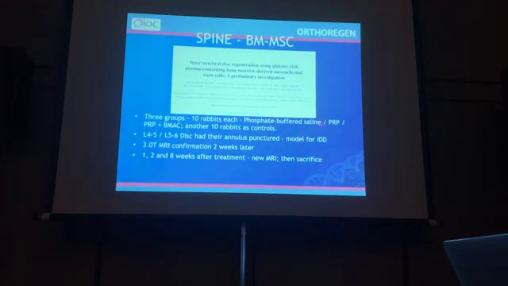He put saline, PRP, PRP plus BMAC, and 10 other rabbits as controls, and they punctured their discs so as to make degeneration. They used the MRI to confirm the degeneration and the improvement after treatment, should that happen. They did MRIs at 1, 2, and 8 weeks after treatment, and then sacrificed for tissue sampling.